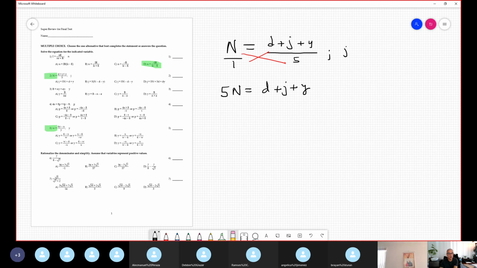Finally, I want to isolate j, so you move d and y to the left, like a negative d and y, and equal j. And that's it. 5m minus d, oh yes, I got it, it's C. It's the C option. Yes, absolutely.